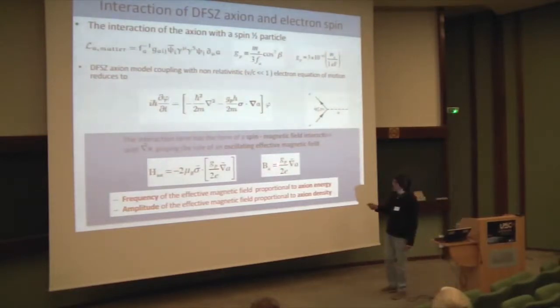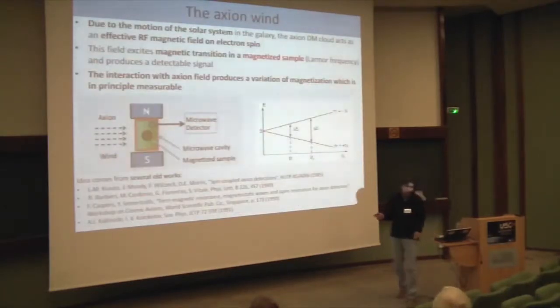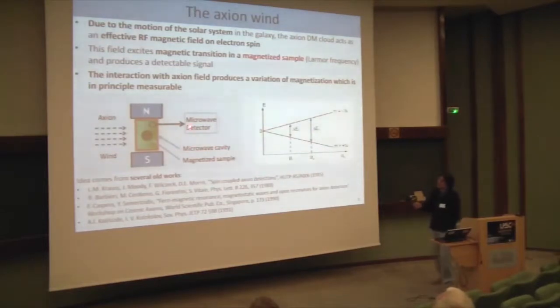And so the effective oscillating magnetic field due to the axion will have a frequency which is proportional to the axion energy, and an amplitude which is proportional to the axion density. So what is the scheme, the principle of the idea?